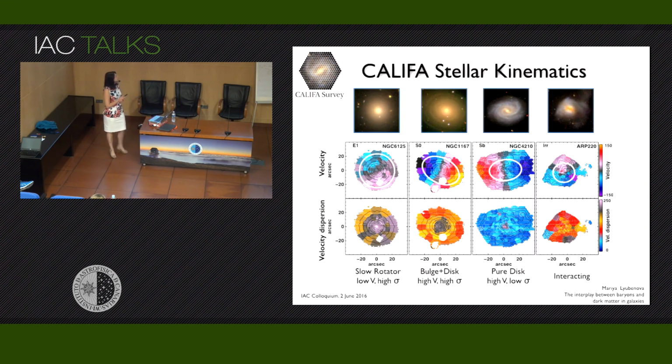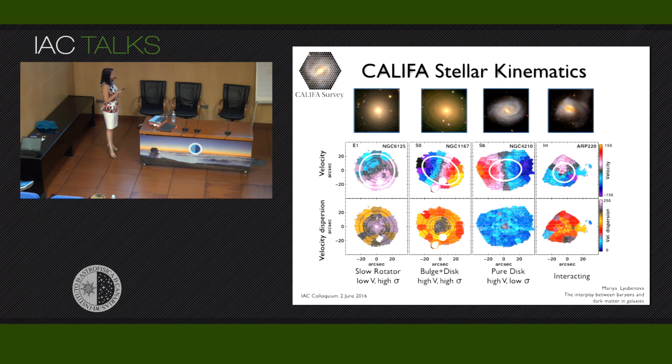This is a quick representation of what kind of stellar kinematic features we have in the galaxies that we are observing and analyzing in a very homogeneous way. Here are the usual boring ellipticals with very little rotation and a lot of random motions, the typical slow rotating galaxy.